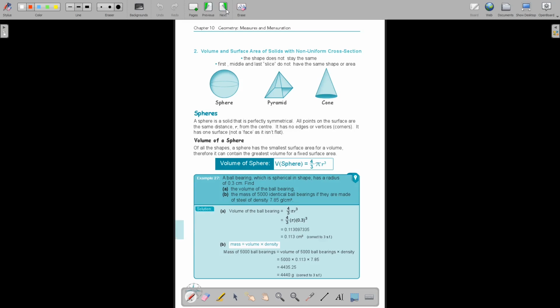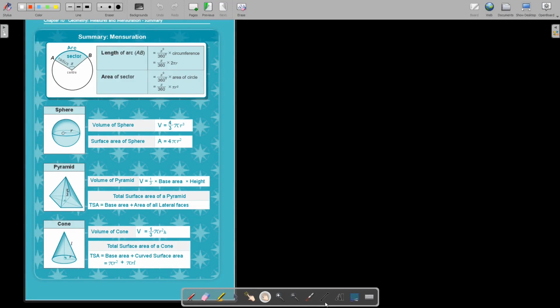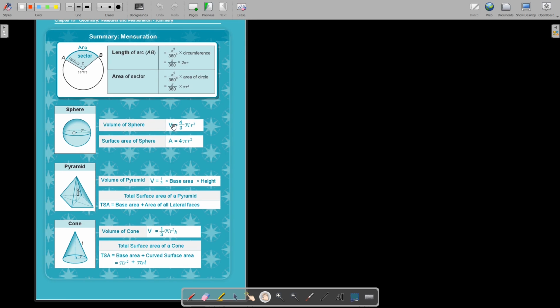And I think I'm rather going to go to the summary. So let's look at the summary. There are 3 new ones: the sphere, the pyramid, and the cone. Now what is very nice is that they will usually give you these formulas for the volume and the total surface area, and basically you just do substitution.